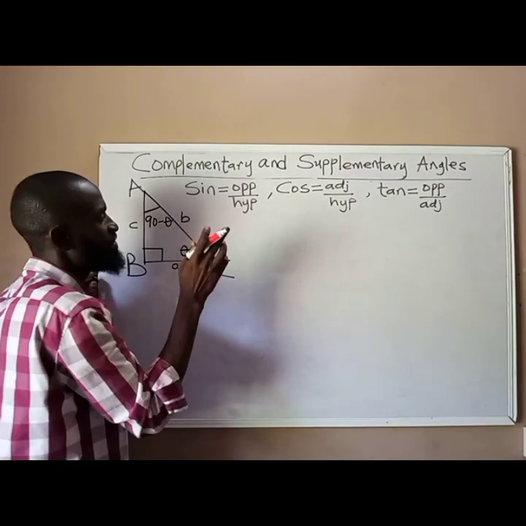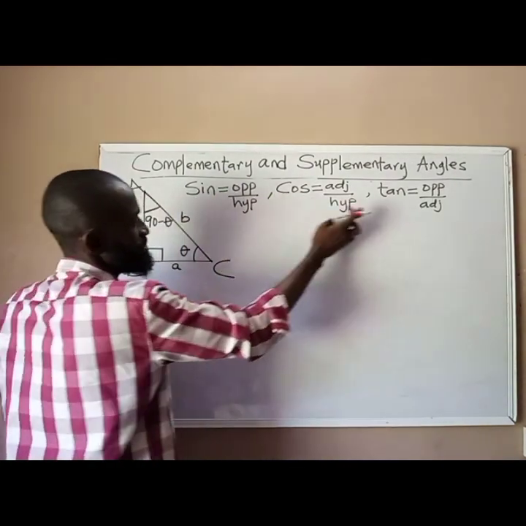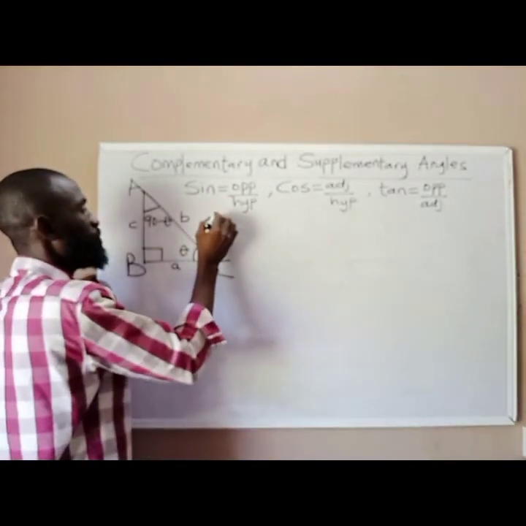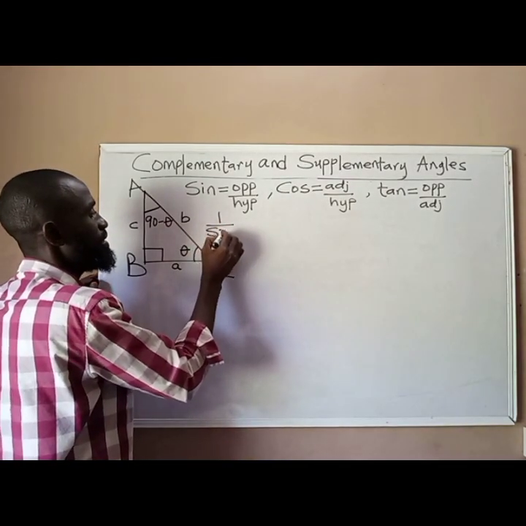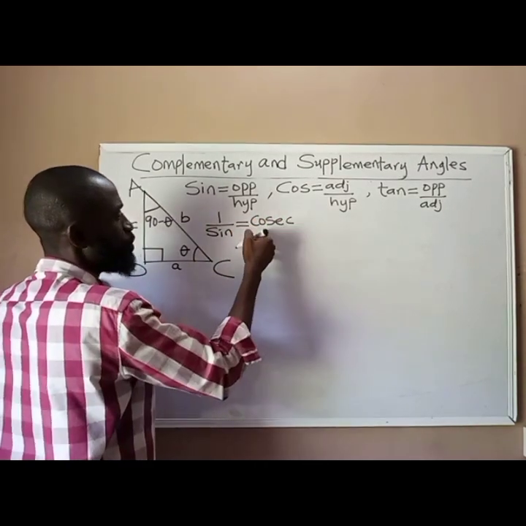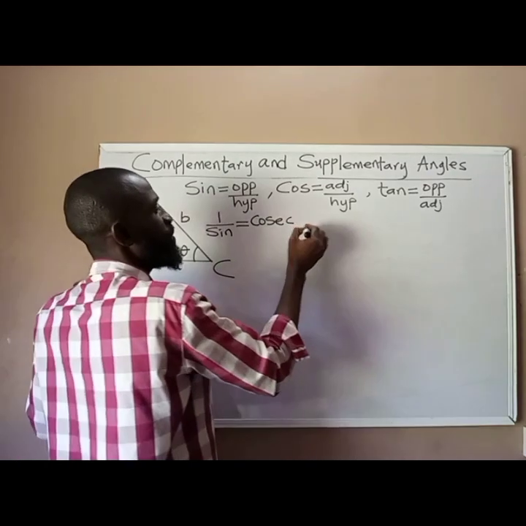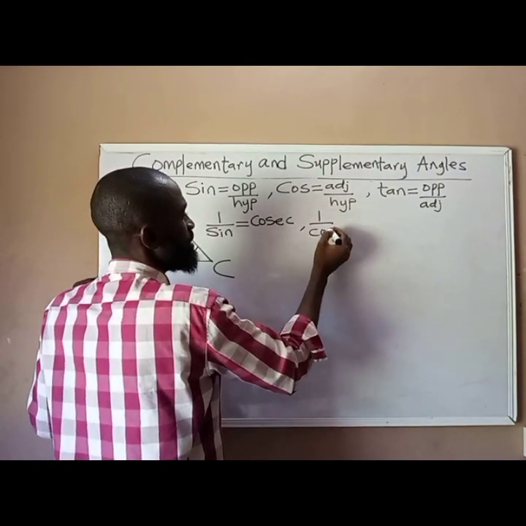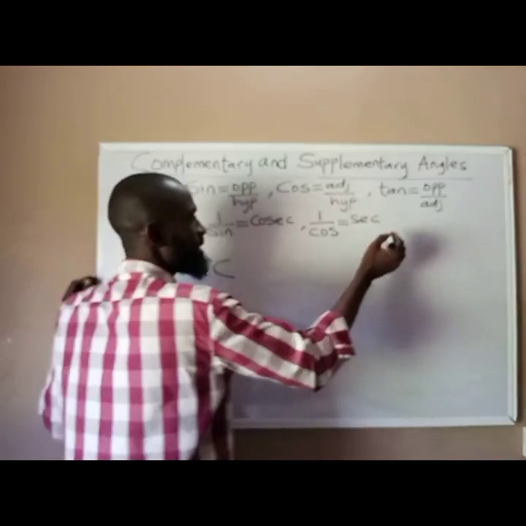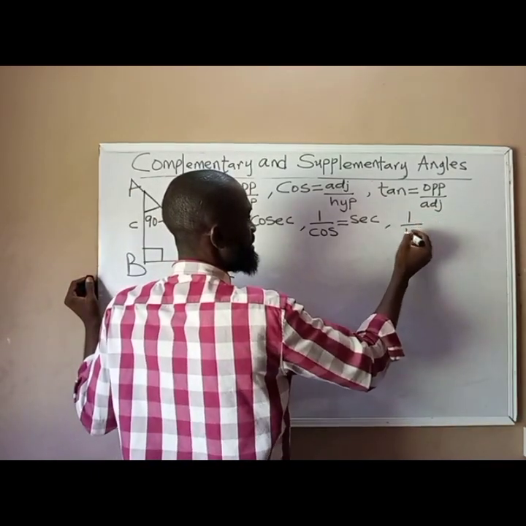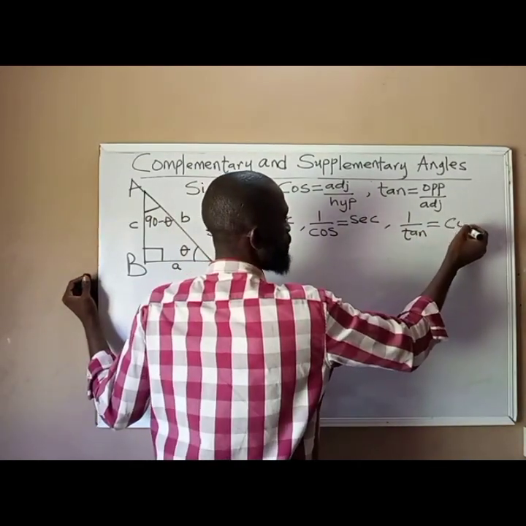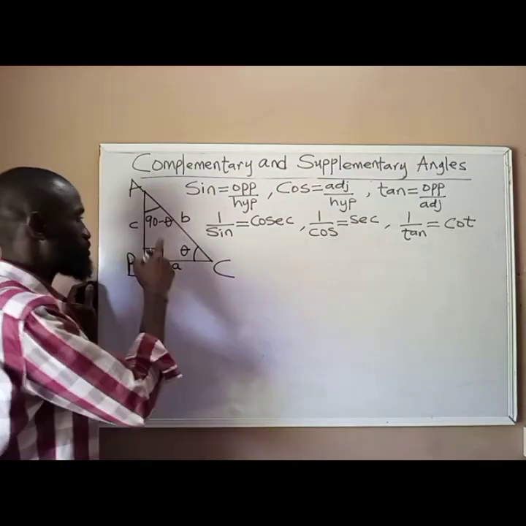All these ratios are written as sin, cos, and tan. Equally, they have reciprocals: 1 over sine gives us cosecant, abbreviated as cosec. 1 over cos is what we call secant, abbreviated as sec. And 1 over tan is what is called cotangent, abbreviated as cot.